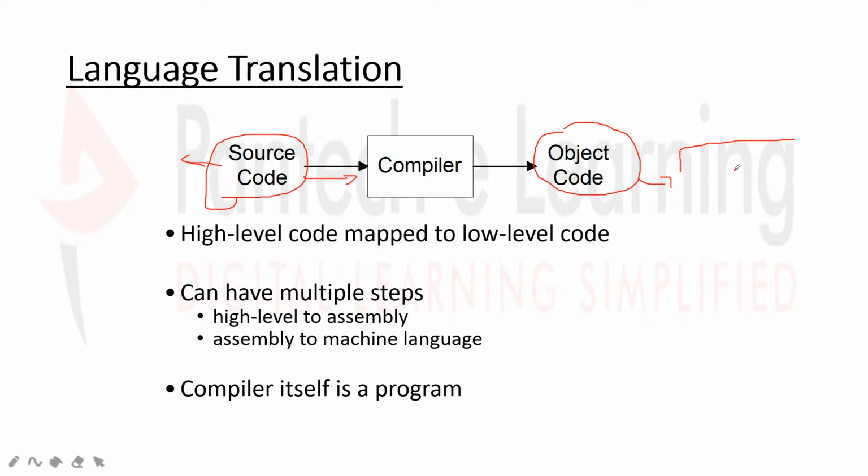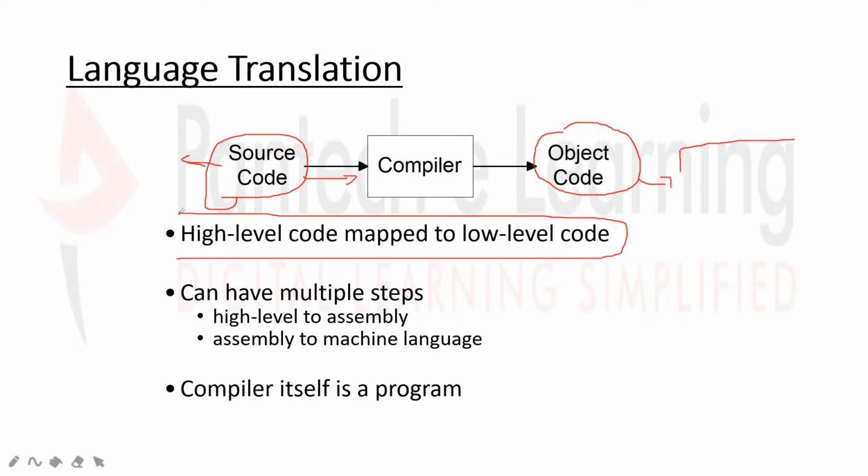If you take Java, if you are saving your program as a .java file and you run that Java file, it will be converted into object code. Then we need to check the output. So here high level is mapped into low level language.